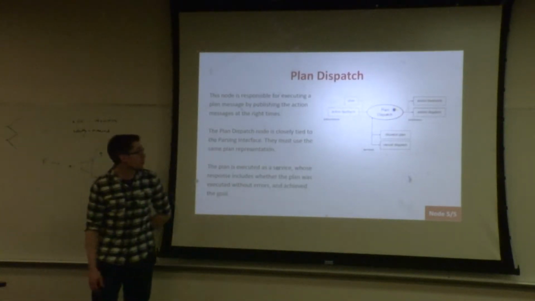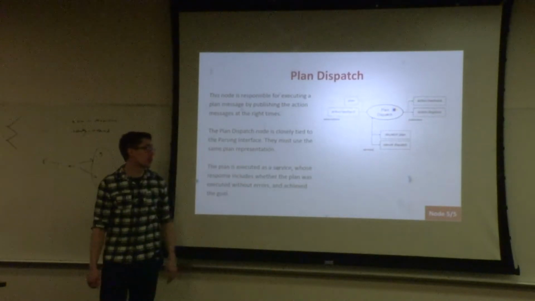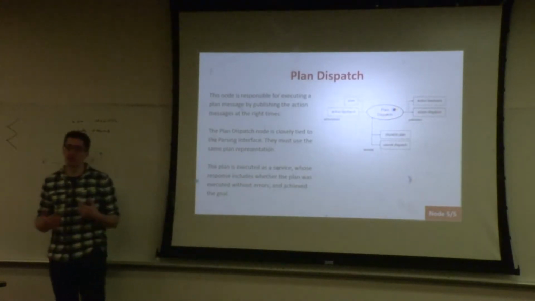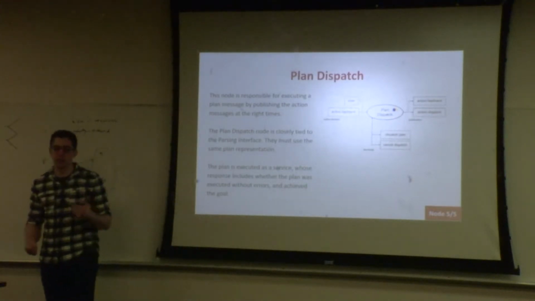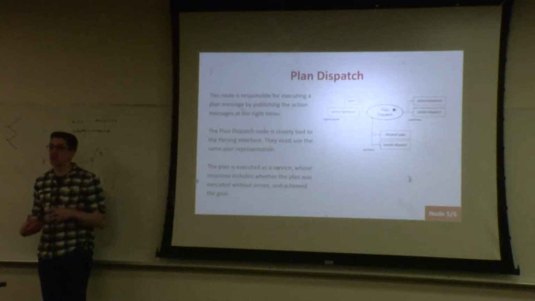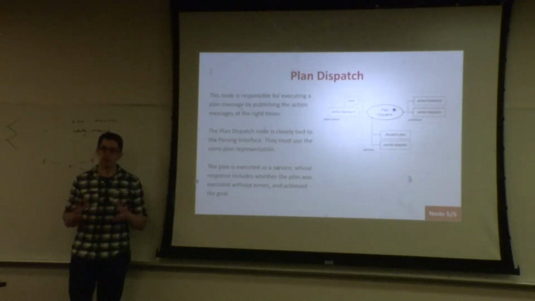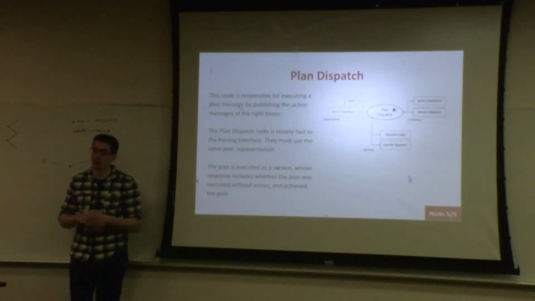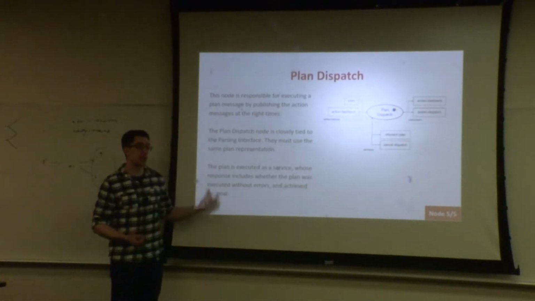The plan dispatch is the most complex node in that it is a node whose function is to execute the plan by following some plan execution algorithm. And that plan execution algorithm is tied very closely to what is the representation of a plan we're looking at. If our plan is represented as an STN, then there are different plan execution algorithms which execute STN plans.